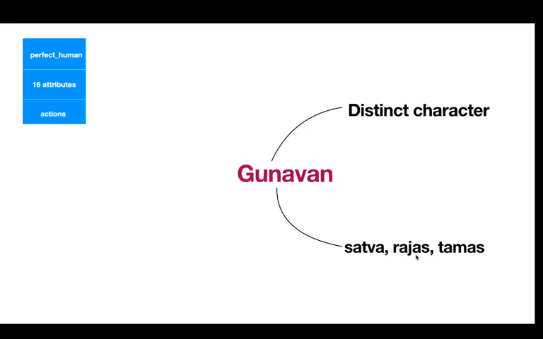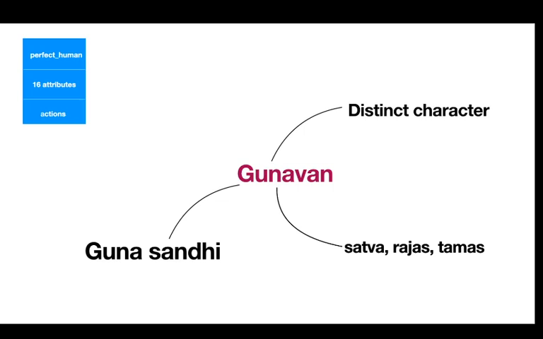It is practically not possible. Every individual will have some shade of sattva, some shade of rajas, and some shade of tamas. Now, what proportion of these three each individual has will determine his distinct character. So, that is the meaning of guna.